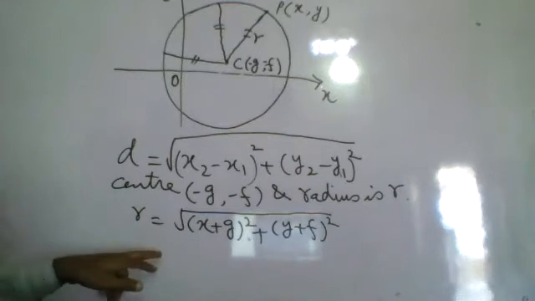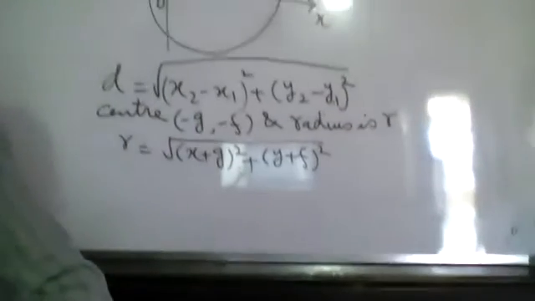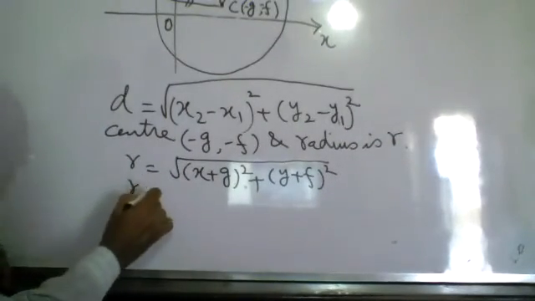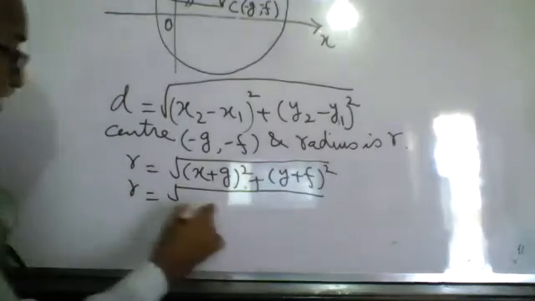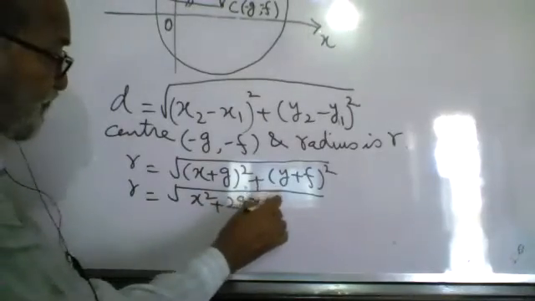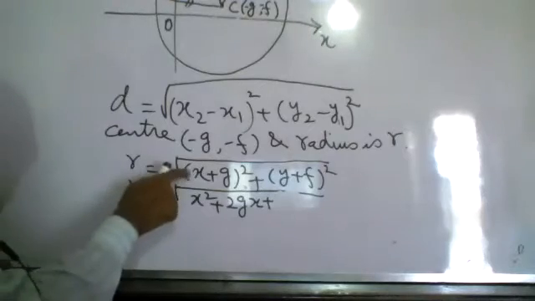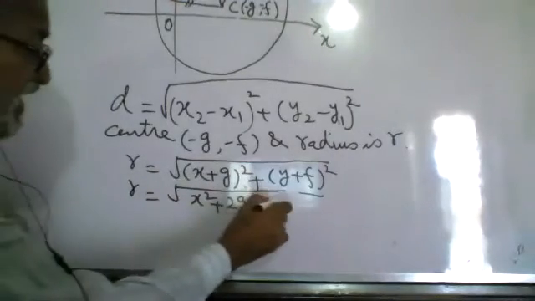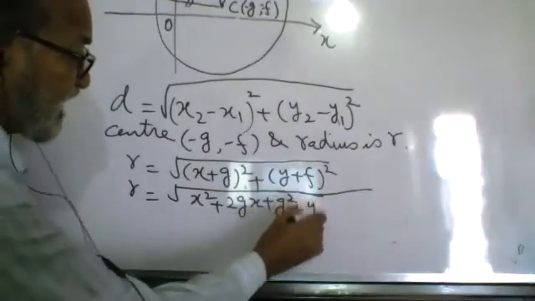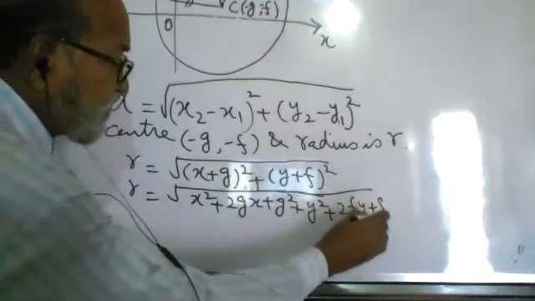Okay, now we will open the brackets. r will be equal to the square root of x square plus 2 into x into g, that is 2gx, plus g square, and in the same way the next bracket, plus y square plus 2fy plus f square.